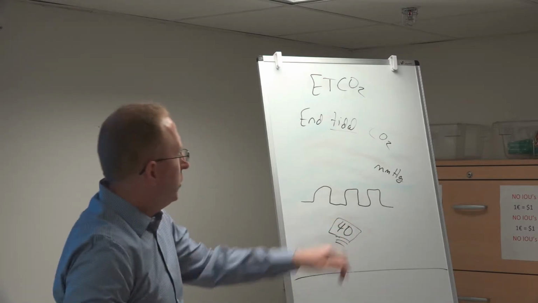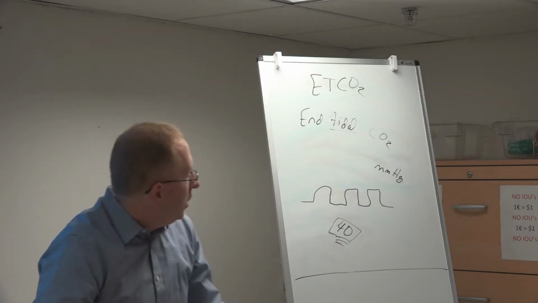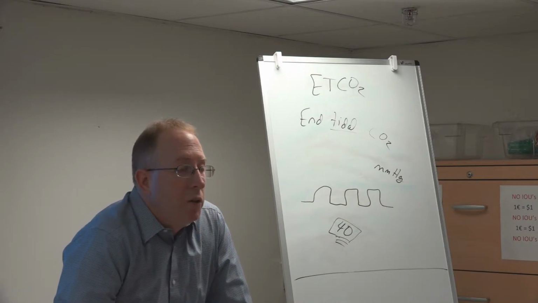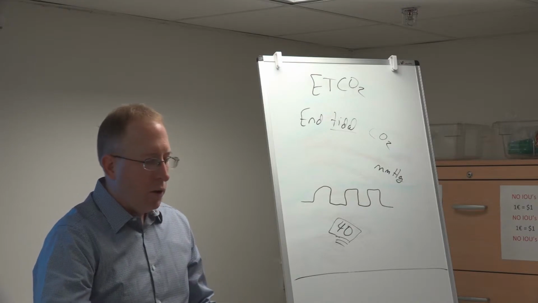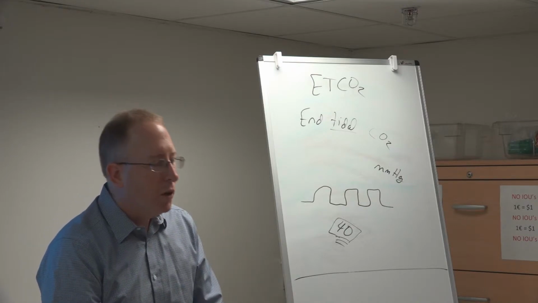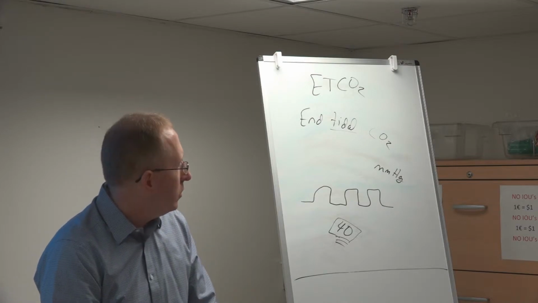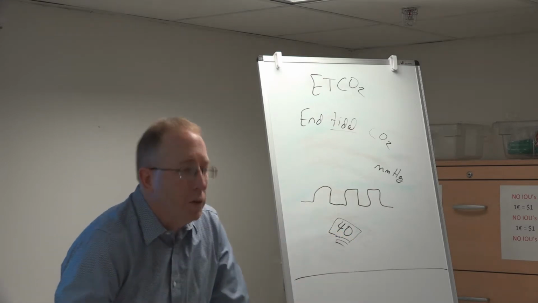This is a number that you're going to have to memorize and know for the next 3 months. This value, 40, for your end tidal CO2. Because that's going to be the number when you're talking about after you've resuscitated somebody after a cardiac arrest. One of the things that you're going to be looking for is an end tidal CO2 value of 40.